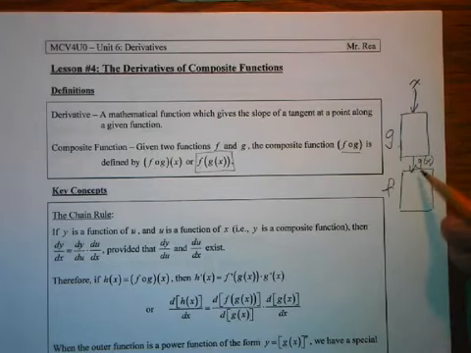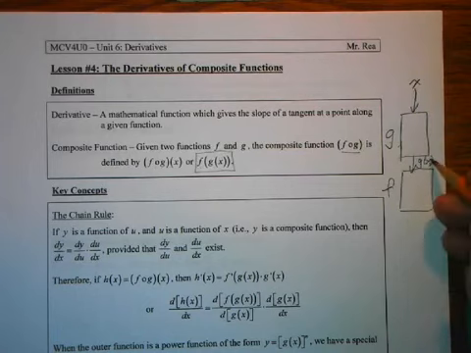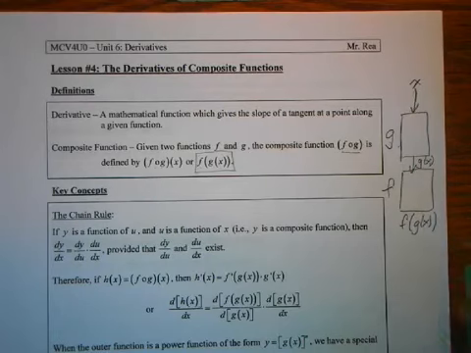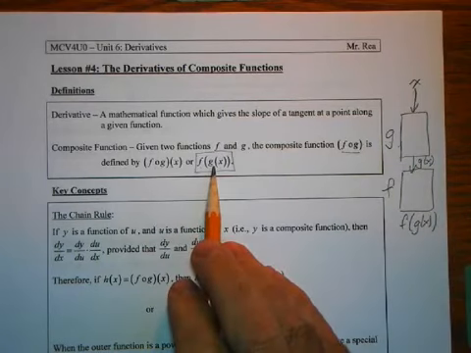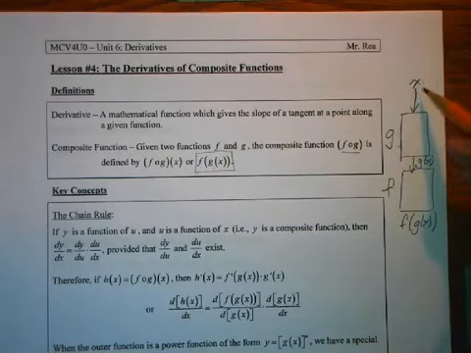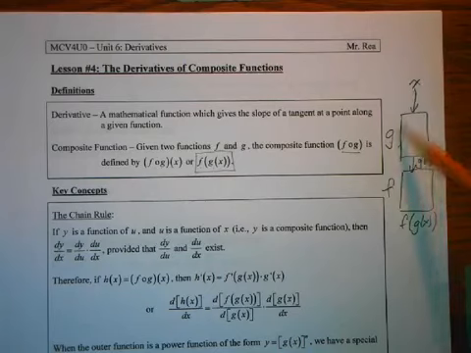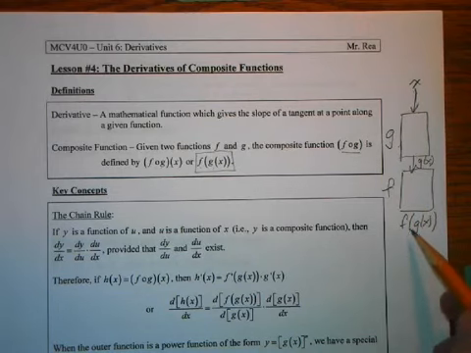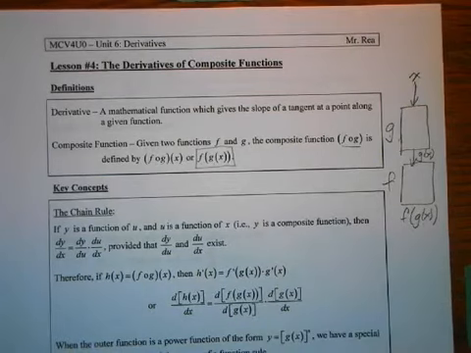So g of x becomes the input into this next function f, so the output of that is f of g of x, written in terms like that. So basically, the order is important here, as you'll see later, but we first give the input into function g. G evaluates the function at that value, spits out the output g of x, that becomes the input to f, and then you have the output of f, which is f of g of x, okay?